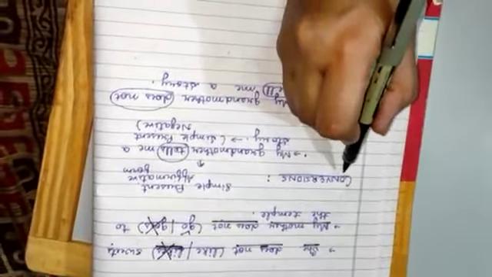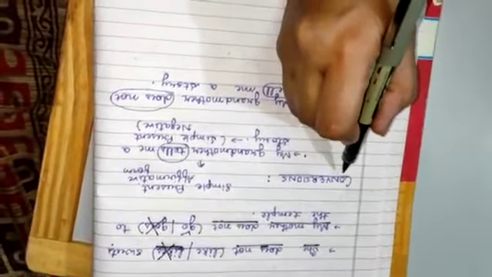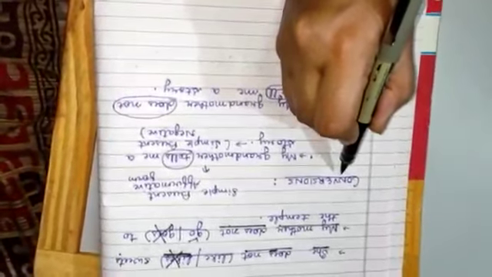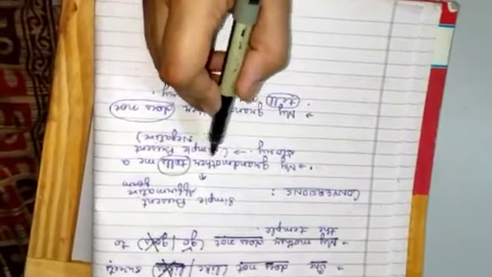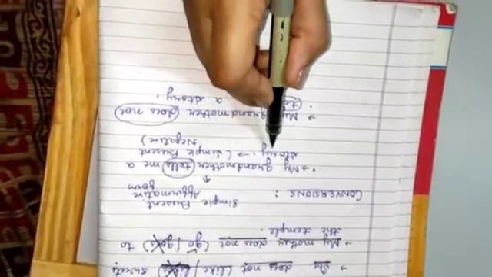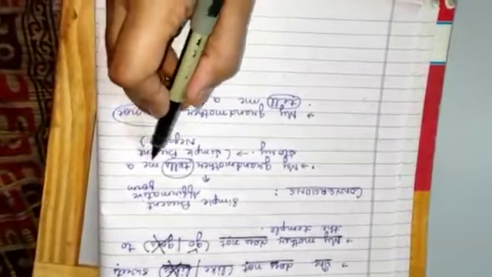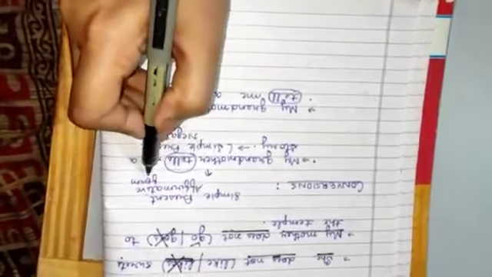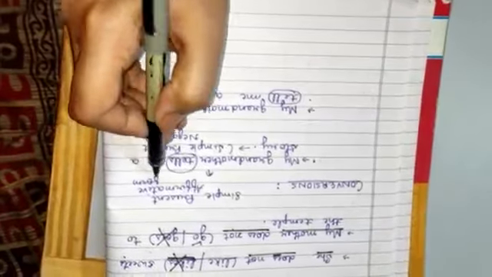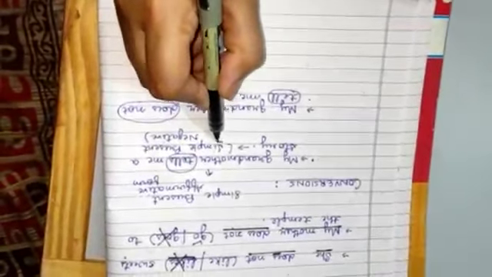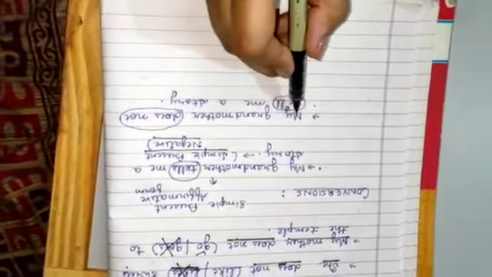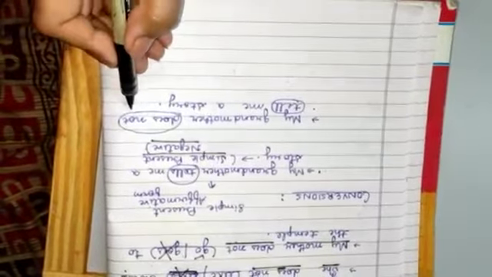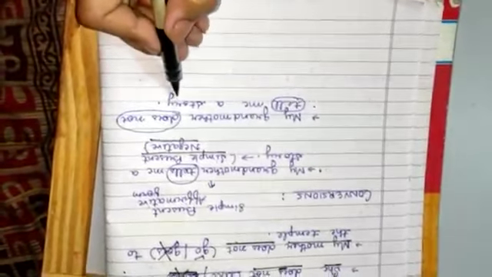Now, let's learn how to convert the sentences in simple present tense from affirmative form to negative form. Here is a sentence. My grandmother tells me a story. Now, this sentence is in simple present affirmative form, and we have to convert it into simple present negative form. So its answer will be my grandmother does not tell me a story.